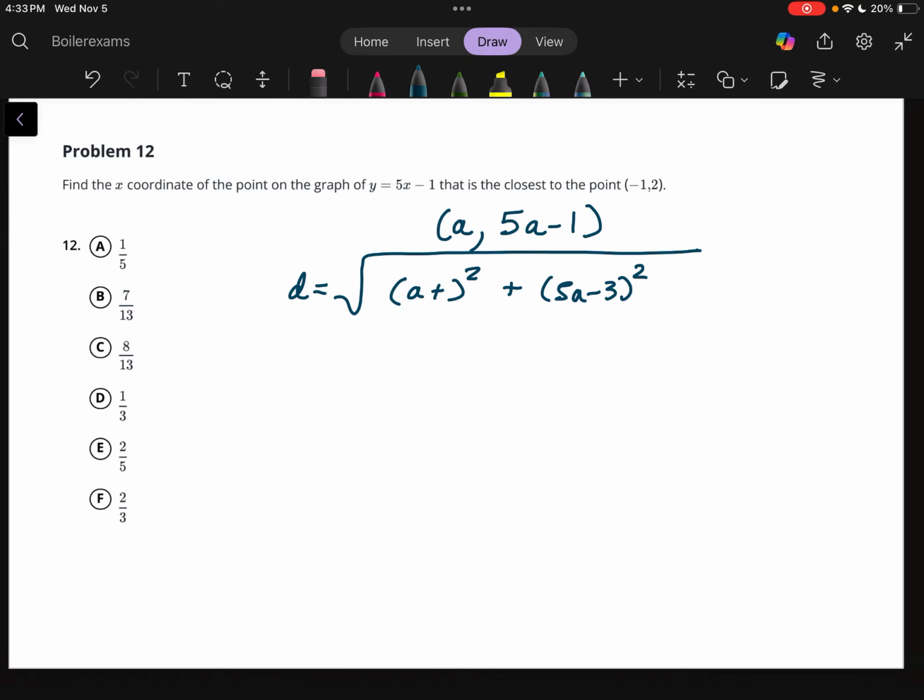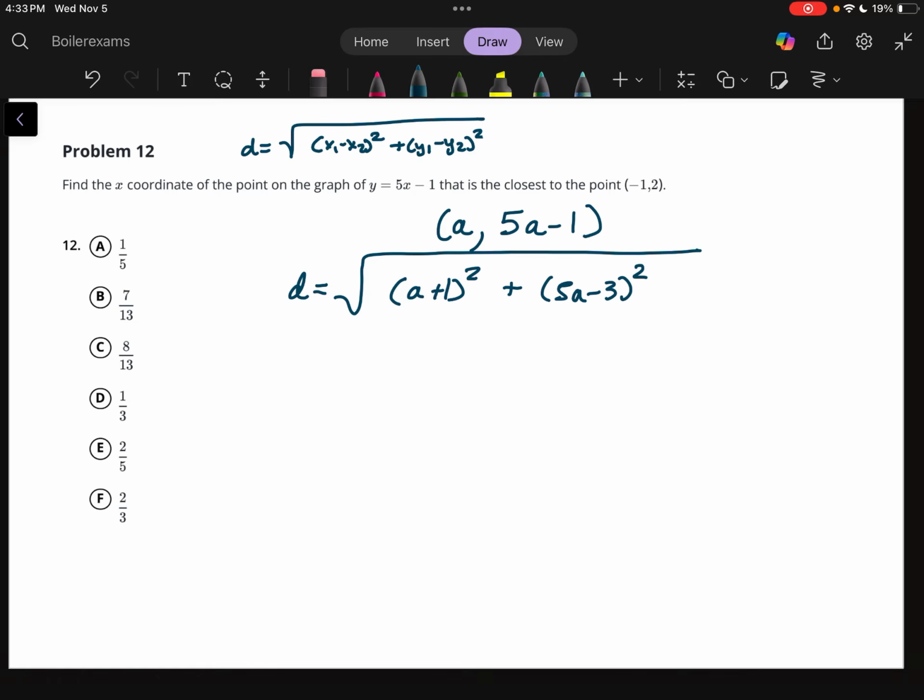So maybe I'll write it. The distance between 2 points is equal to the square root of x1 minus x2 squared plus y1 minus y2 squared. So in this case, my x1, y1 is a, 5a minus 1, and my x2, y2 is negative 1 and 2. So that's how I got this expression over here.